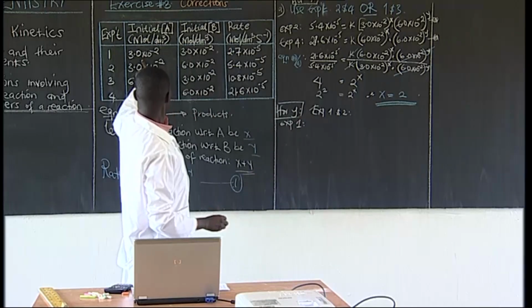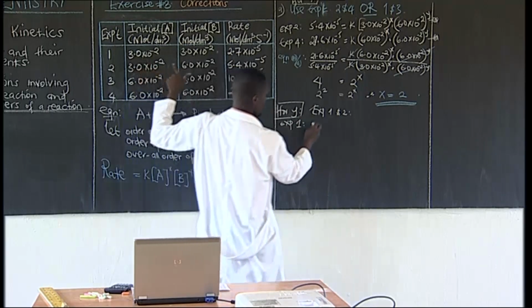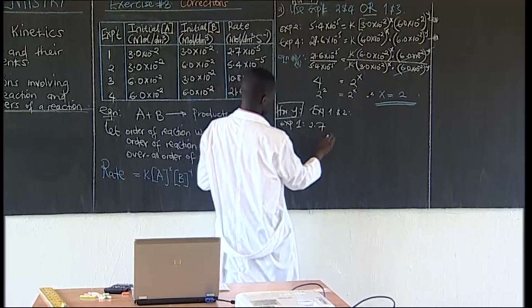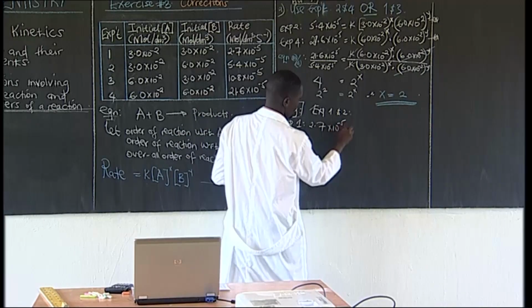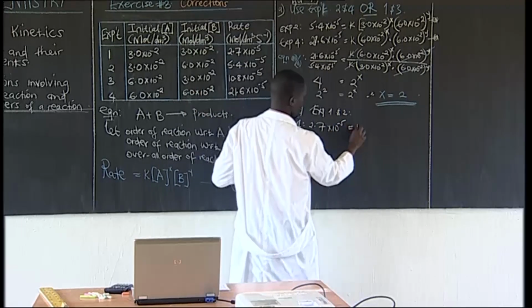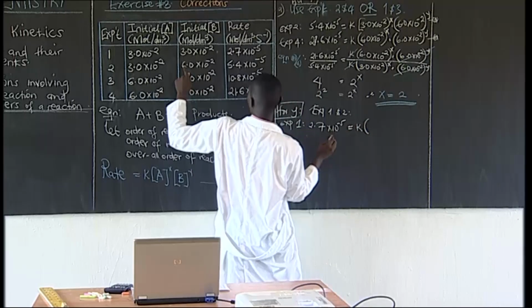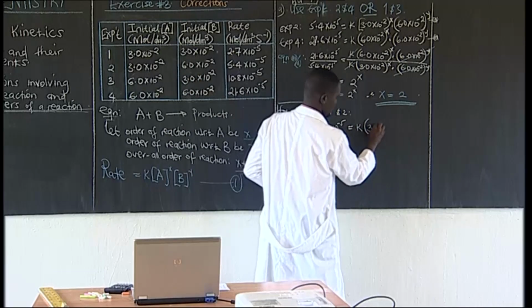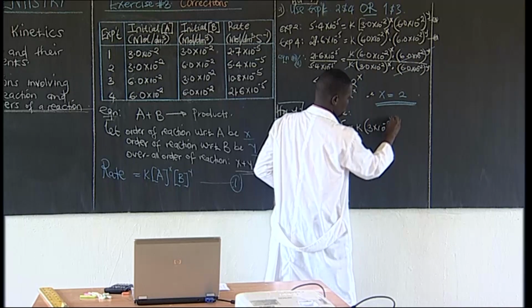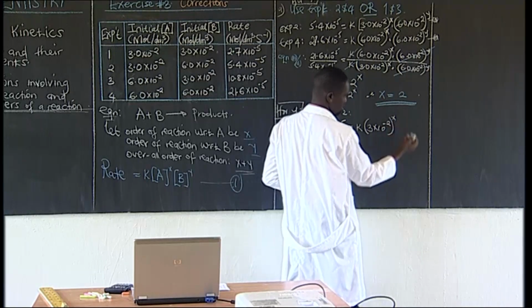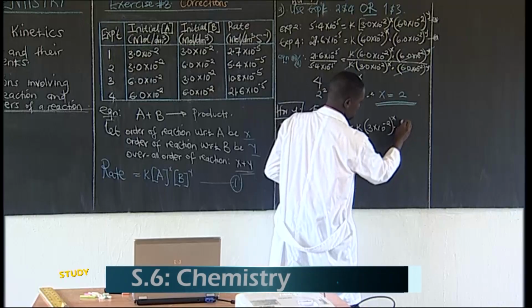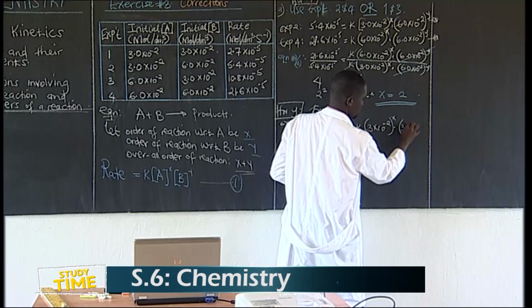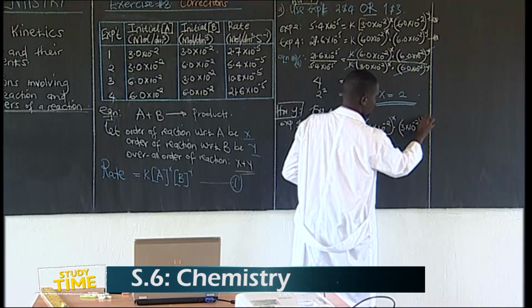In this way, using experiment 1, what do we get directly? Let's substitute very fast. It is 2.7 times 10 power negative 5 is equal to k, the value for A, which is 3 times 10 power negative 2. Our x, we can leave it there, times 3 times 10 power negative 2, value of y.